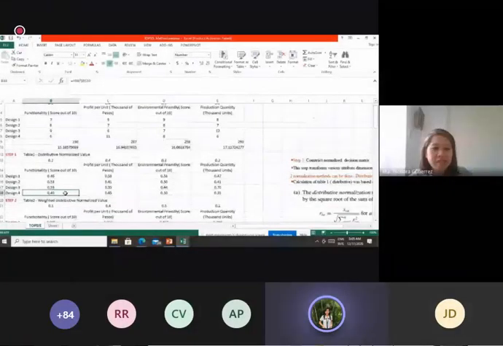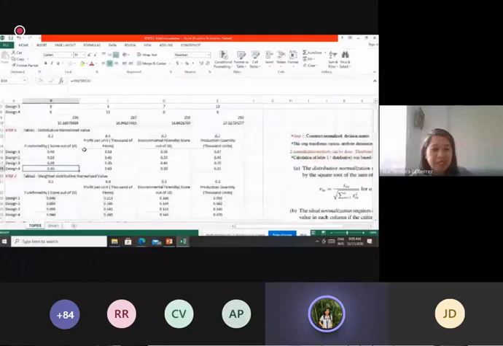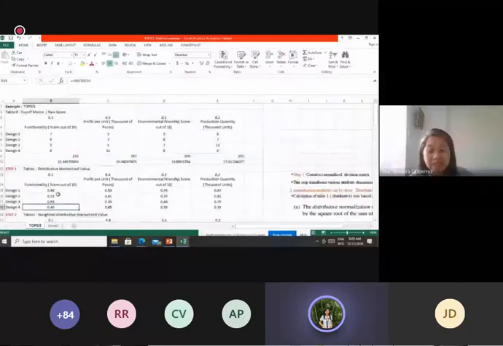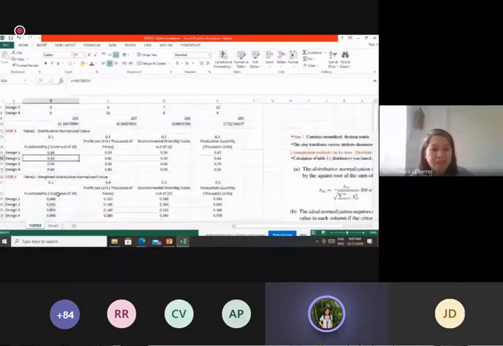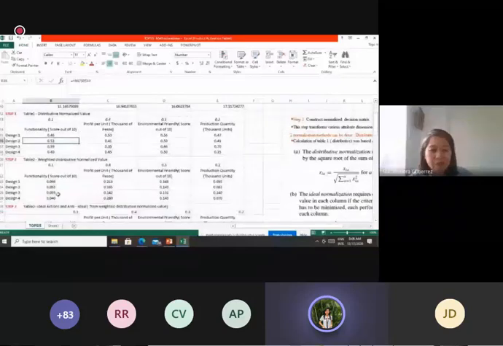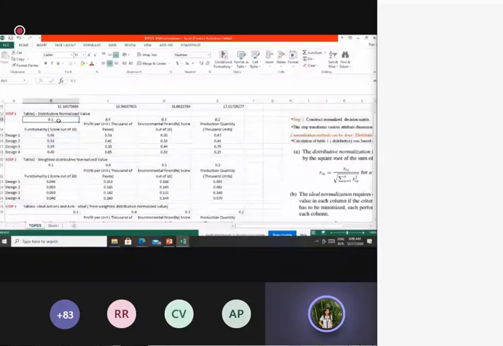Now, after making the performance score unitless, which is the normalized value, we will now get the weighted normalized value by multiplying the normalized value to the weights of the criteria.